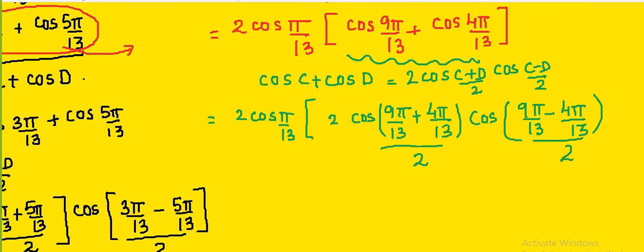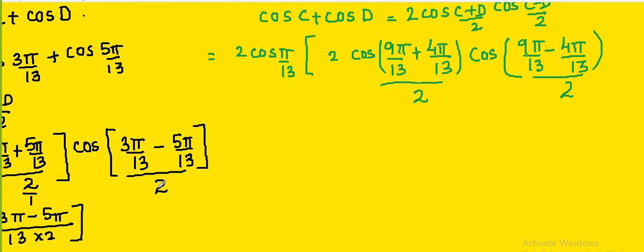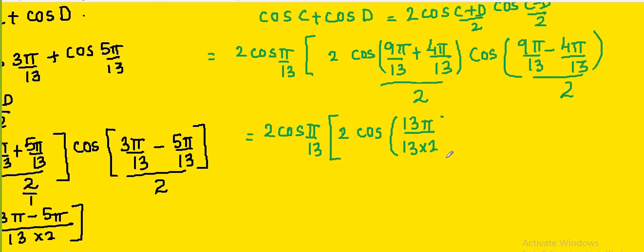So here I will write directly because we have already done this previously. So we have 2 cos pi by 13 multiplied by 2 cos 13 pi by 13 into 2 after taking LCM.